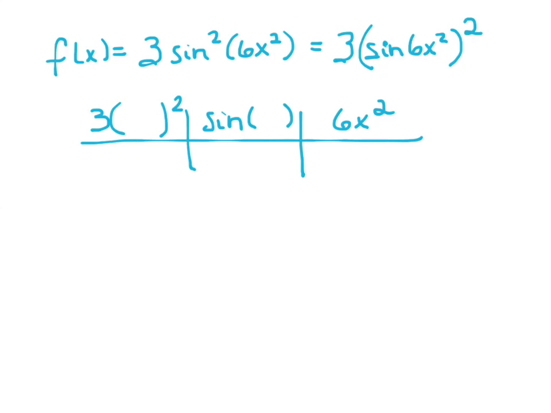My first derivative, we're using the power rule. So 2 times 3 is 6 times something, and then the 2 minus 1 would just be 1. You could put a 1 exponent, but you don't have to. Next up is sine. The derivative of sine is cosine of something. And then finally, the derivative of 6x squared is 12x.